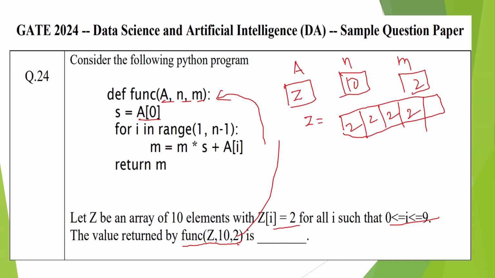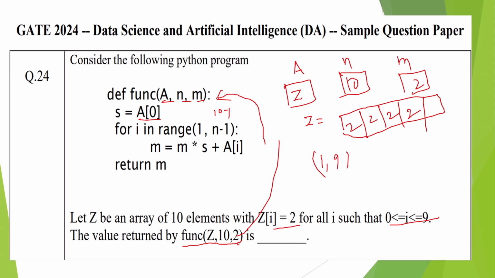So now the for loop is for i in range 1 to n minus 1. Here, see how many times this for loop will run. Initially the value of n is 10, so the for loop will run from 1 to 10 minus 1, that is 1 to 9.